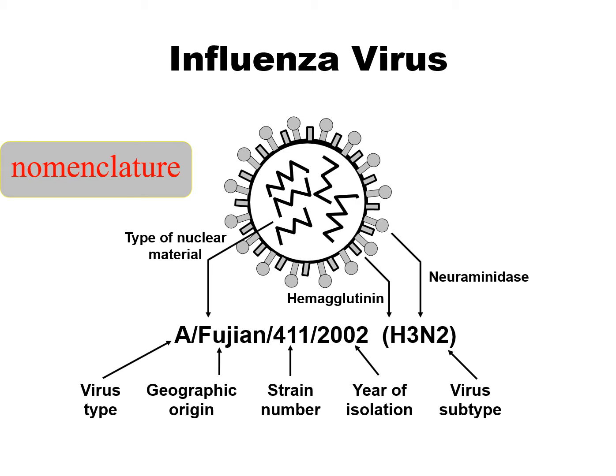This is the geographic origin, 411 strain number, 2002 year of isolation, H3N2 virus subtype. This is the neuraminidase, and this is the hemagglutinin.